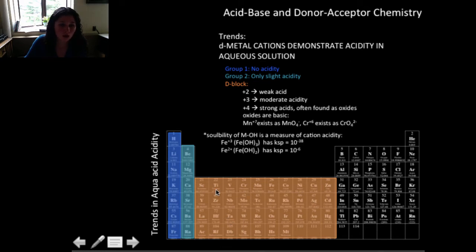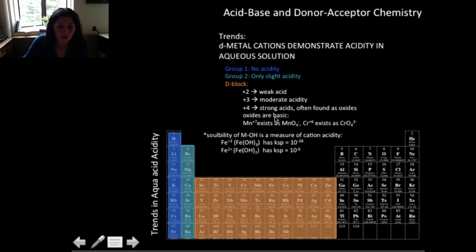The smaller radius and higher charge you have, the stronger the acid. So a +2, like iron +2, will be a stronger acid than ruthenium +2. And likewise, manganese +4 would be a stronger acid than rhenium +4.